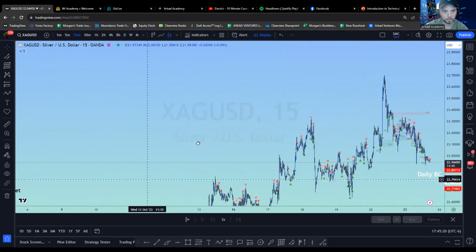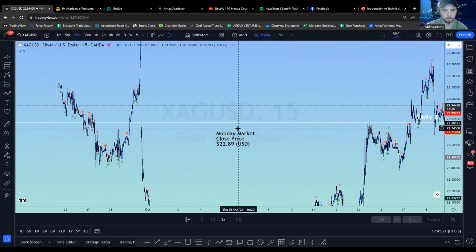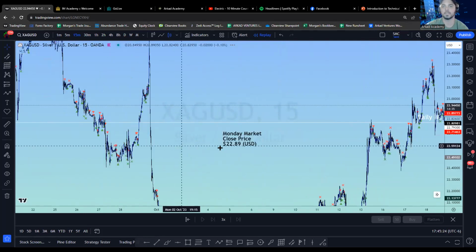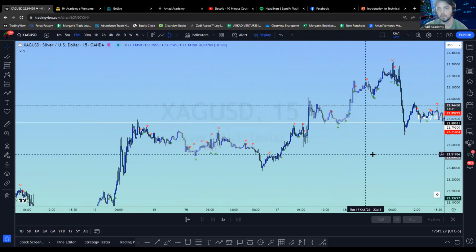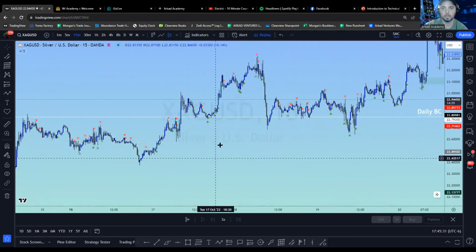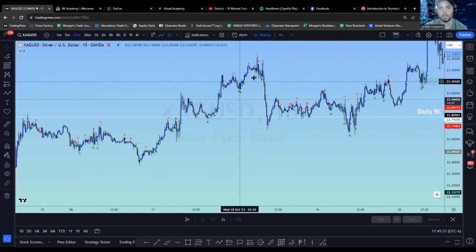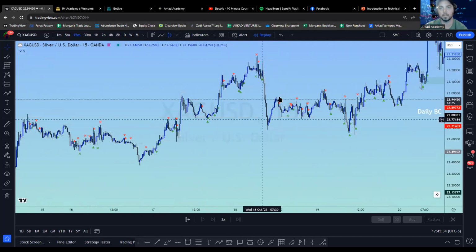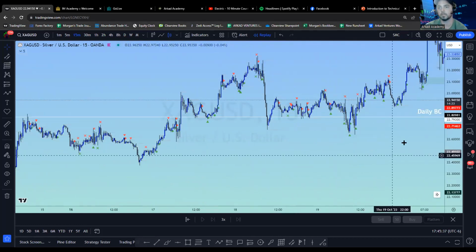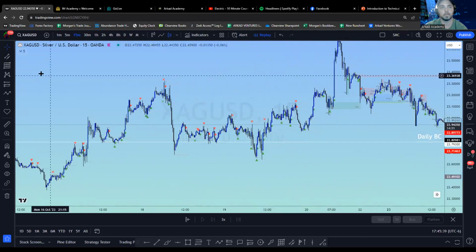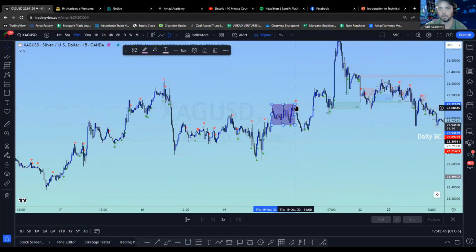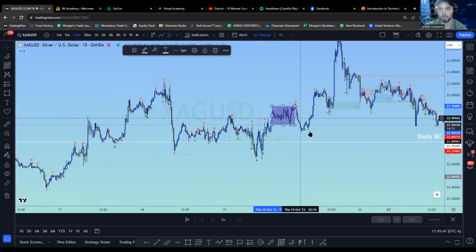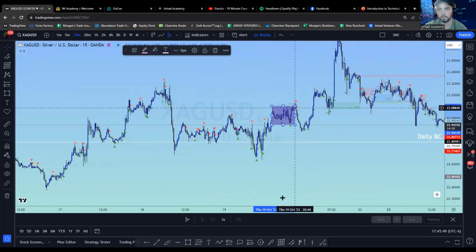I had a daily marked up here a long time ago, and it always comes back to the same areas. You can tell they're buying to sell here, came back down, got out of those orders, played around. But this liquidity, right, buyers, sellers, and then move price again.